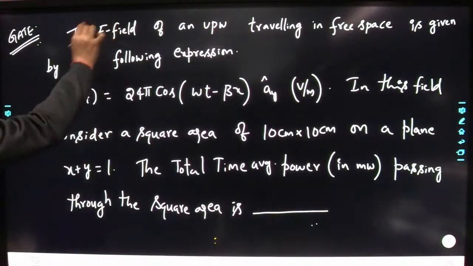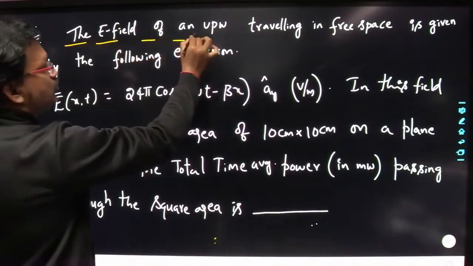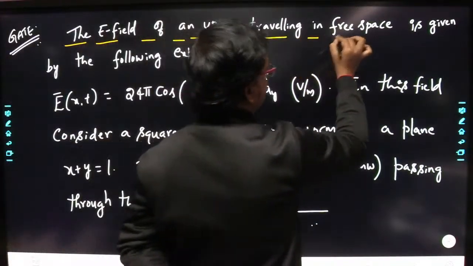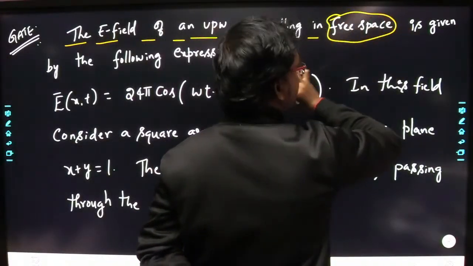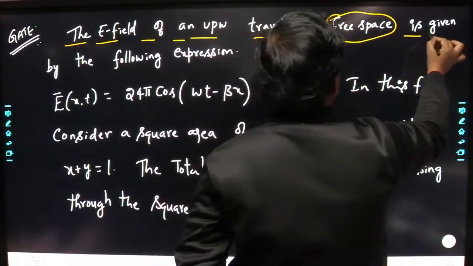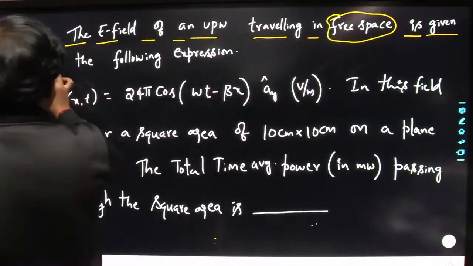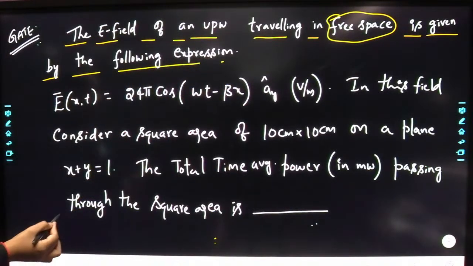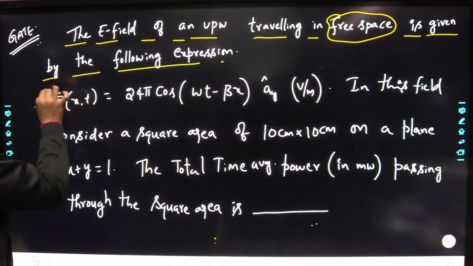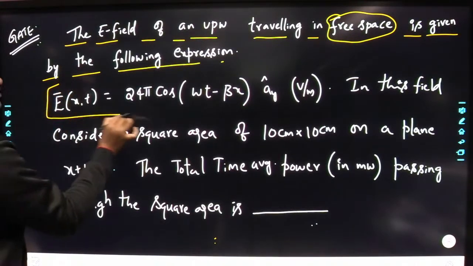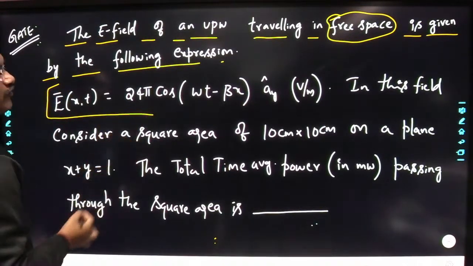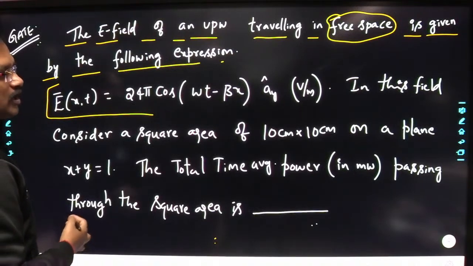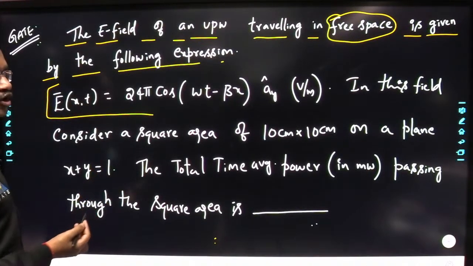So what they have given: the electric field of a uniform plane wave traveling in free space. Free space means it is a lossless medium here, right? They have given the expression, E bar of x comma t is equal to 24 pi into cos of omega t minus beta x ay cap volt per meter.